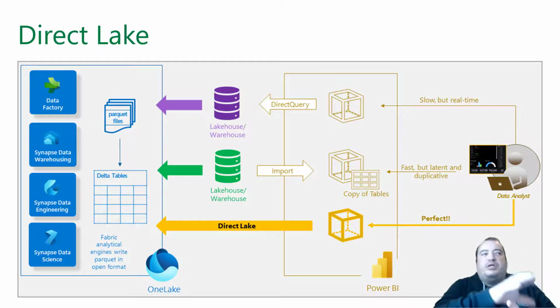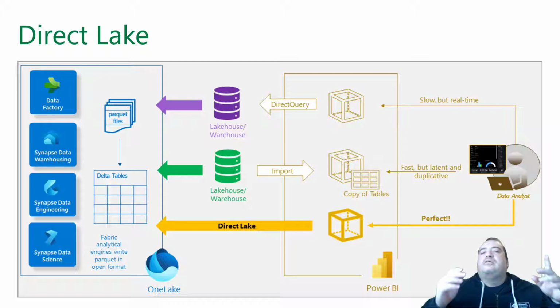This middleman causes a difference in performance. The DirectLake goes directly to the OneLake storage without any middleman. This makes the DirectLake the best in relation to the performance.